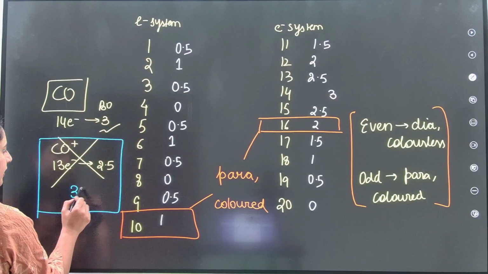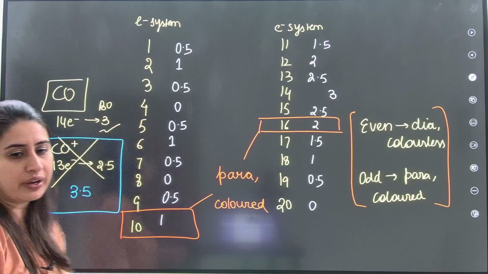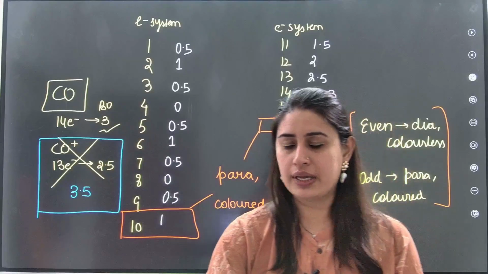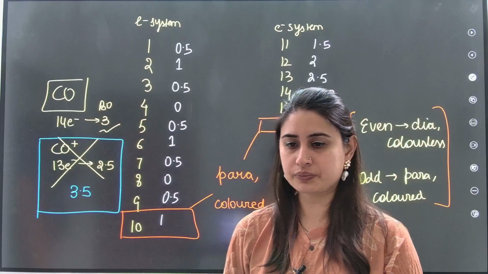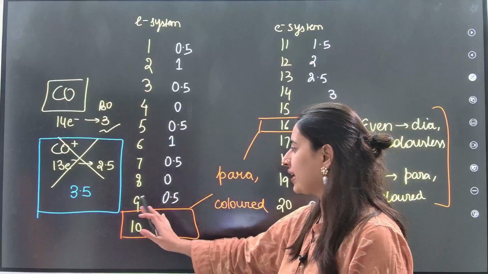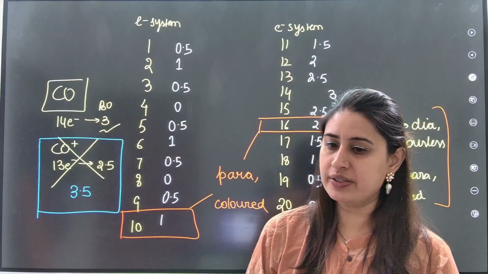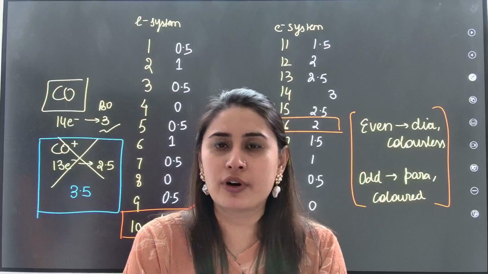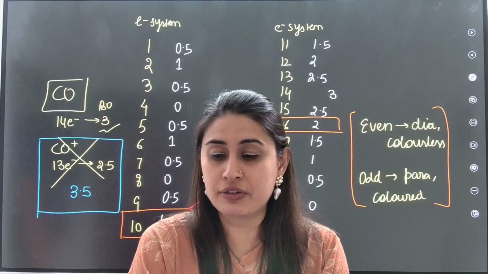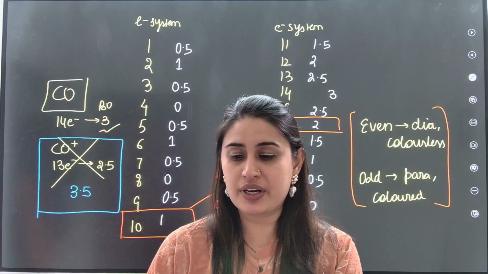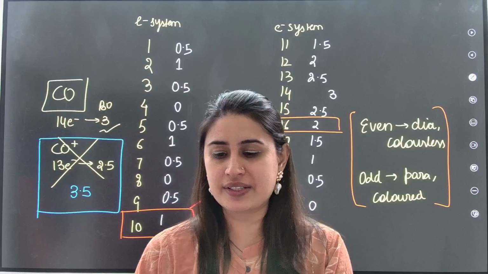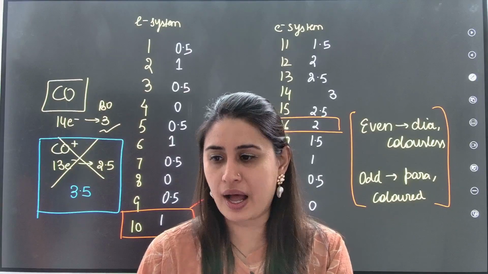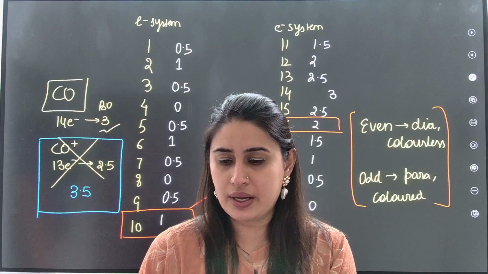CO+ has an exceptional bond order of 3.5, point to be noted. Is it clear? That's the only exception that you need to keep in mind. CO+ has the highest bond order that you have heard so far, which is 3.5. So even when it comes to stability, CO+ is quite stable, clearly because its bond order is quite high. Is it clear?